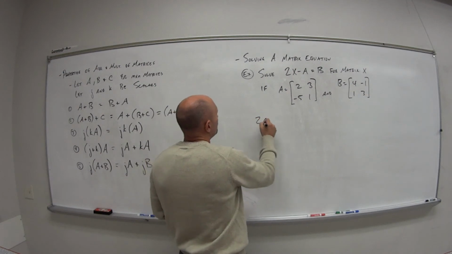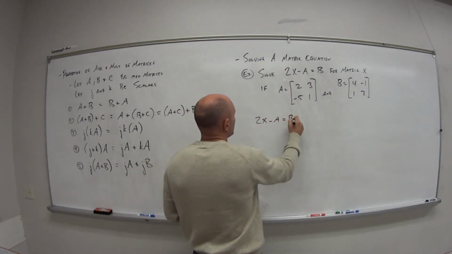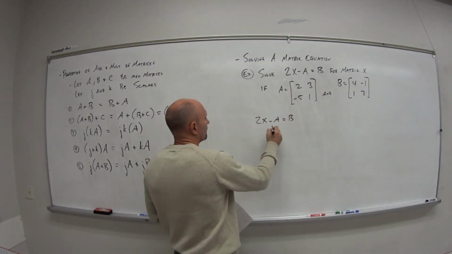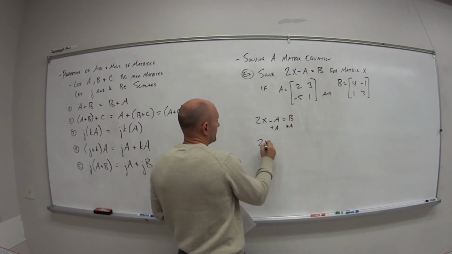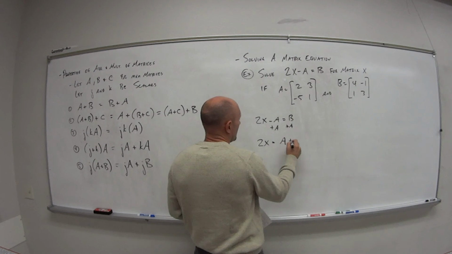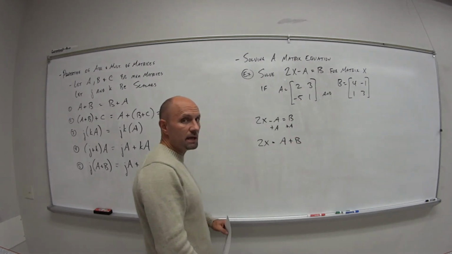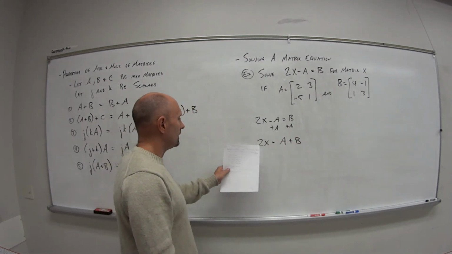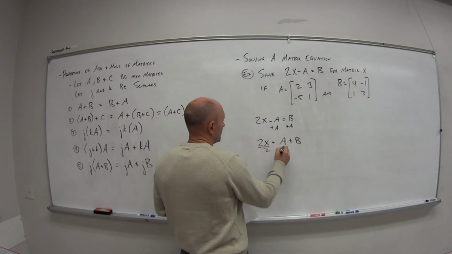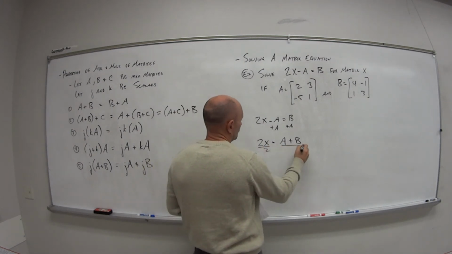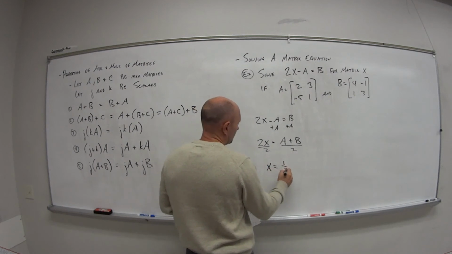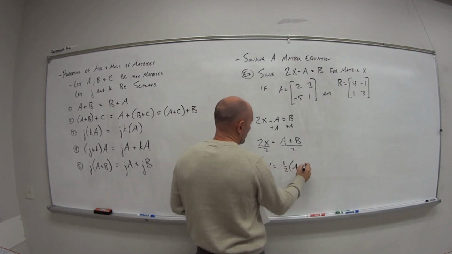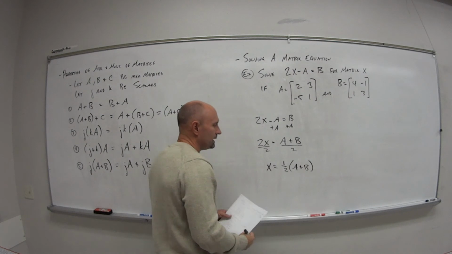So if I have 2X minus A is B, and I want to get X by itself, I have to add A to both sides. So 2X is equal to A plus B. And now to get X by itself, I divide everything by 2, which is the same as multiplying by a half. So X is equal to 1/2 times A plus B.